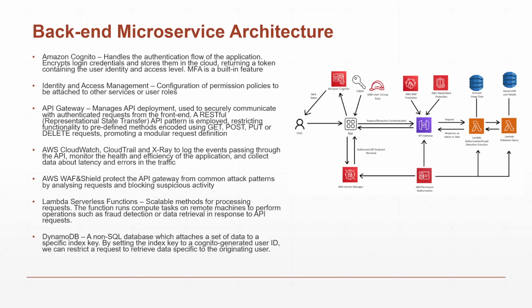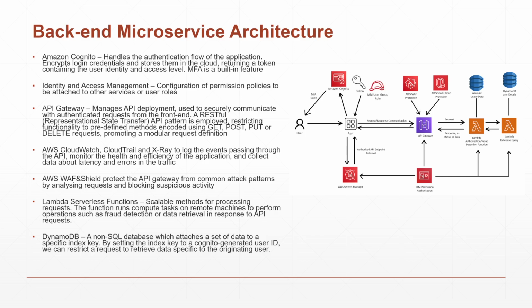So then the access level is defined using AWS Identity and Access Management, IAM, which handles the configuration of permission policies to be attached to other services or users, and those determine the access level that resource has to other services.